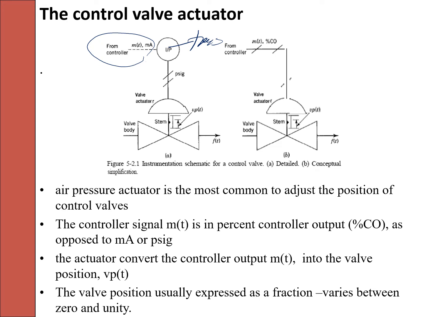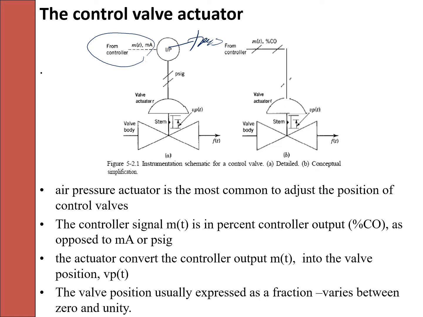We can see the units here are PSIG, which refers to the pneumatic signal pressure, and from the input from the controller, the valve will change position in order to allow or not allow the fluid to pass through the valve.